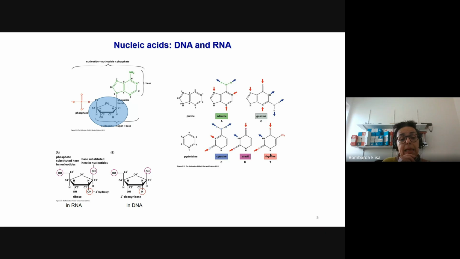Okay. So another difference between DNA and RNA is the presence of this oxygen here in position 2, which is there in RNA, but not there in DNA, which is deoxyribonucleic acid because of the absence of this oxygen. Okay.